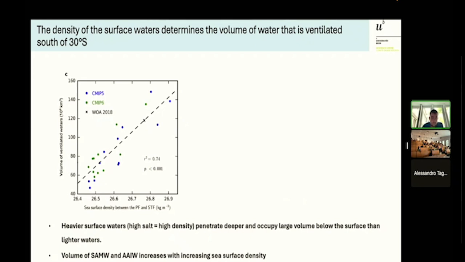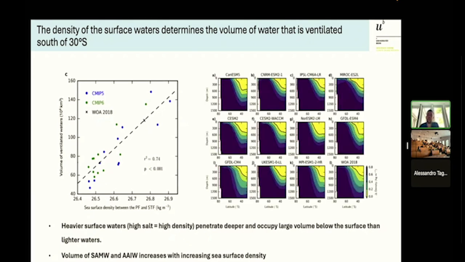And just to show you how this looks, where the waters go, it's very different in these models. So these different colors are the volume of ventilated waters, where the sea surface waters go to, and we can see that some models have very deep ventilation of the Southern Ocean, whereas others, like this one here, have a rather weak ventilation.